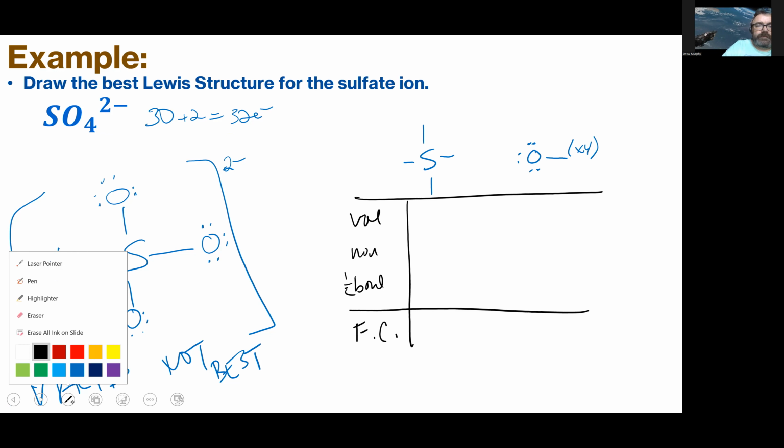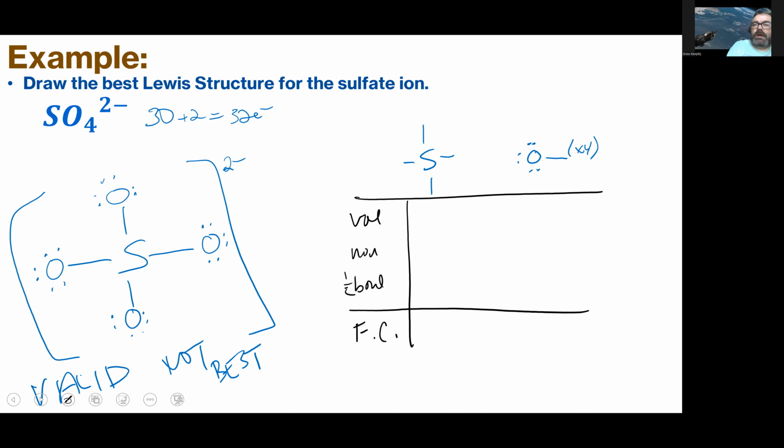What am I looking for? I'll just do blue again. That's fine. Each of these started with 6. Sulfur has no dots on it, and it has 4 lines, so this is a +2 situation. Each oxygen has 6 valence electrons to start and has 6 non-bonding electrons and 1 line. So each oxygen is -1.